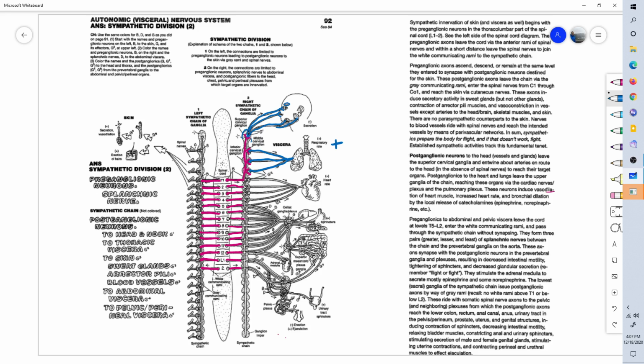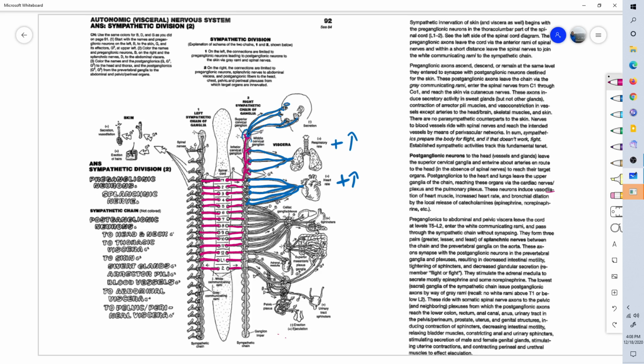And here we see the postganglionic neurons and innervation to the heart muscle. Of course, what do you think would happen if a lion jumps out at you? These postganglionic neurons would innervate the heart and tell it to do what? Increase its rate. Up. You need to pump blood to your muscles to get you ready to fight and or run away.